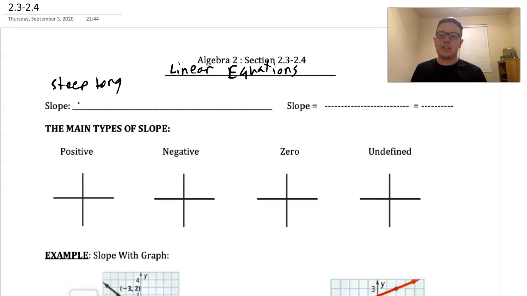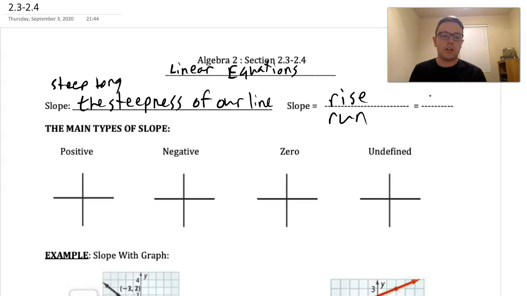Our slope is the steepness of our line. Or in other words, our slope is our rise over our run, or our change in y over our change in x.